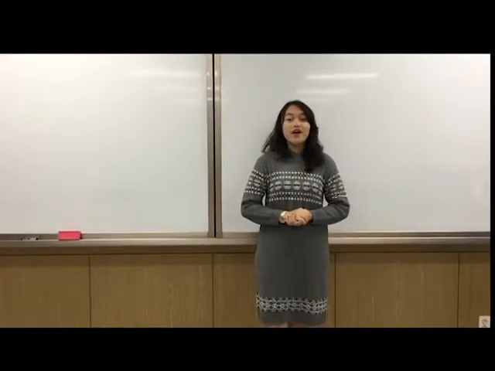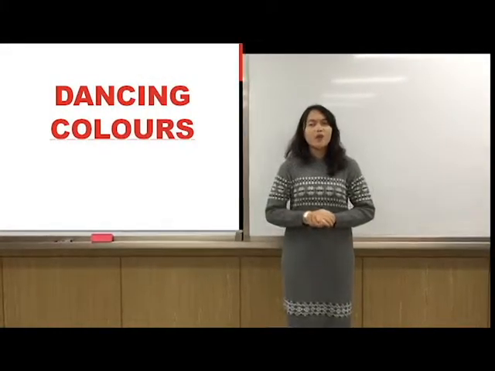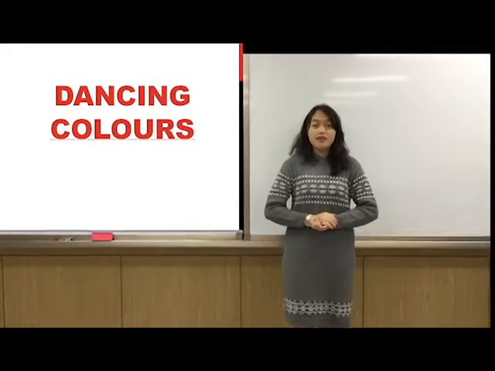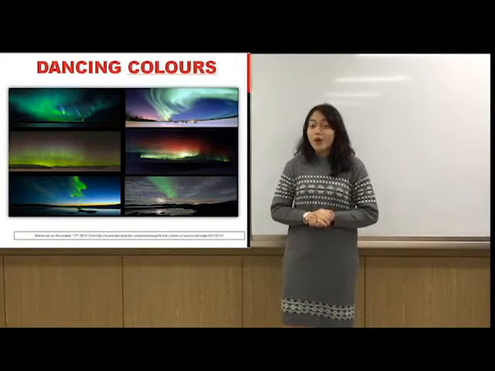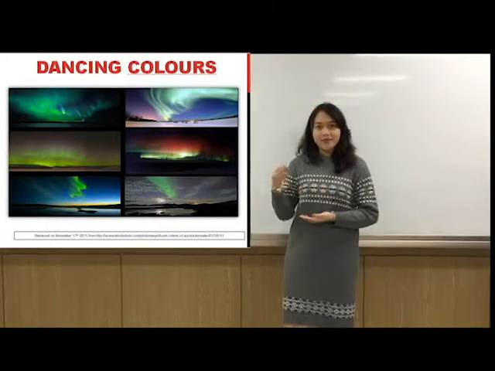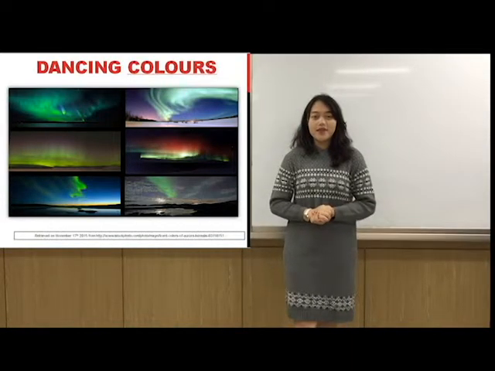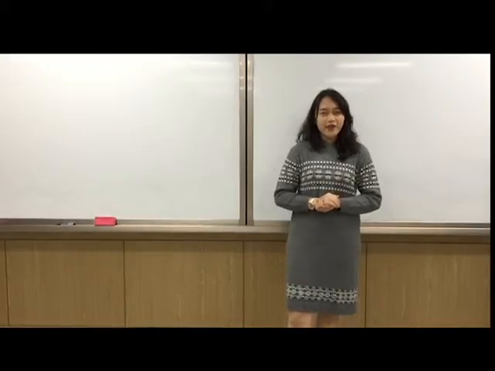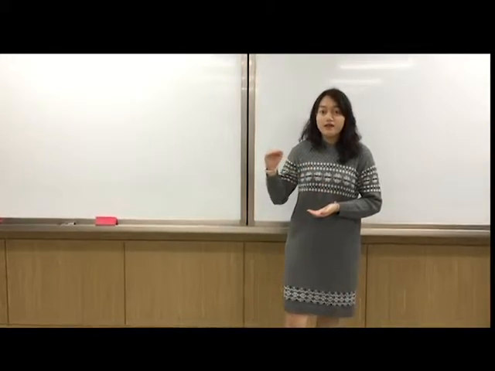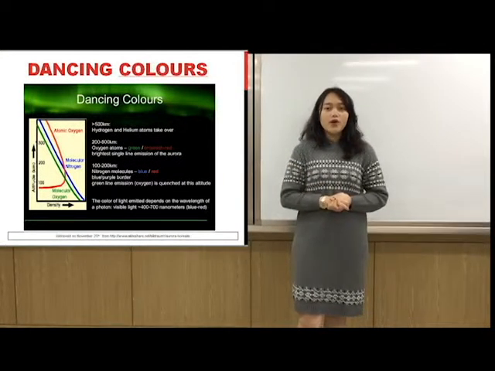So let's move on to the next aspect. This aspect is called dancing colors. Why do people call it dancing colors? As you can see in the pictures, the aurora colors are like moving, right? So that's why people call it dancing colors. And next I will explain the changing color state at each kilometer range.